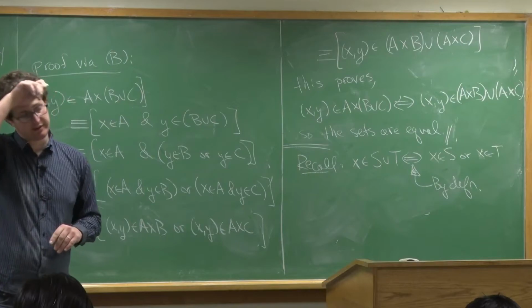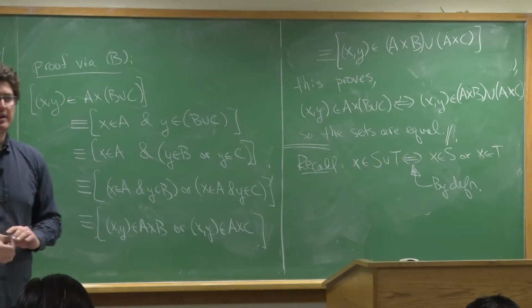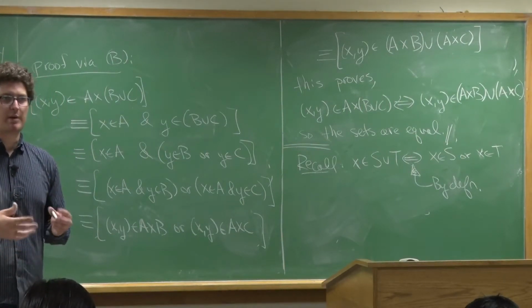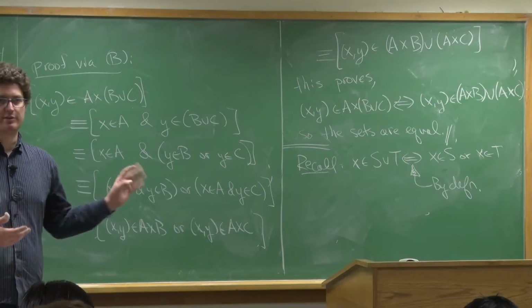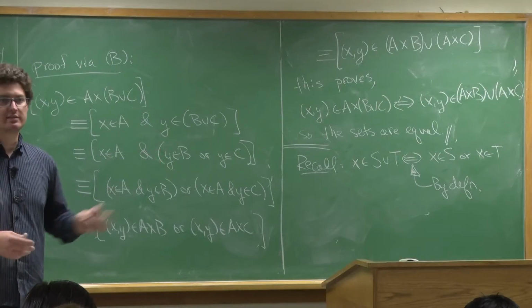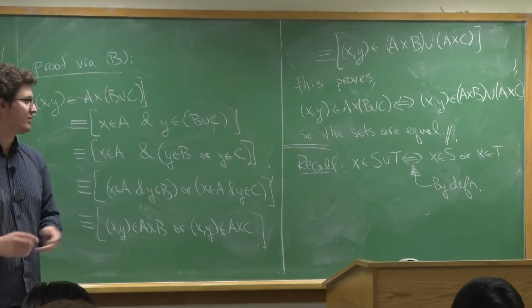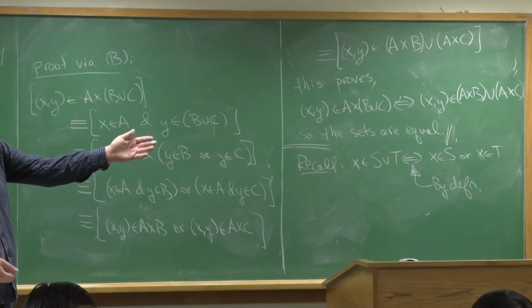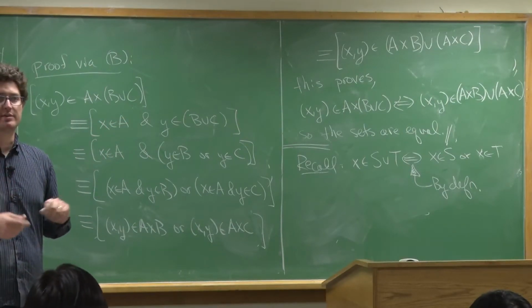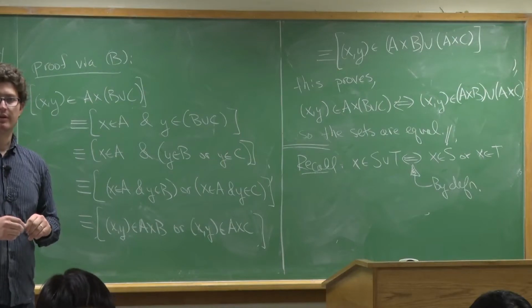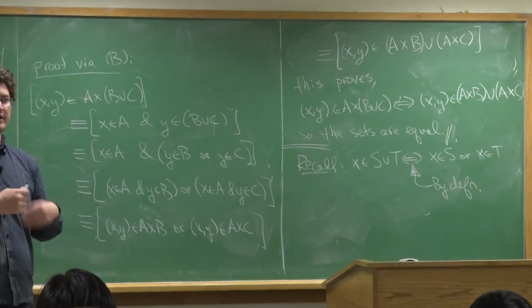Exactly. It's pretty much the same thing as what we did with propositional logic, except you have to do it in the language of sets. So union will turn into or statements, intersection will turn into and statements, complements will turn into not statements, right? So you just use those properties.